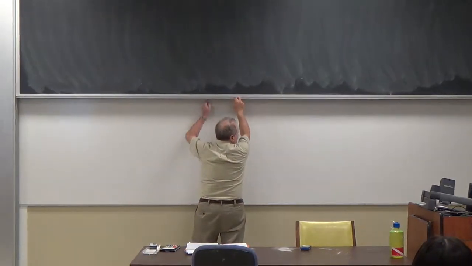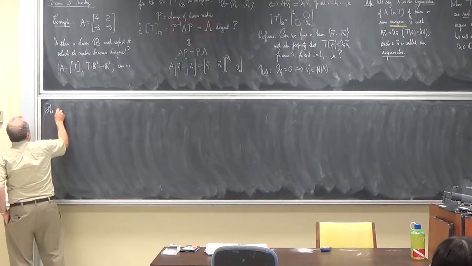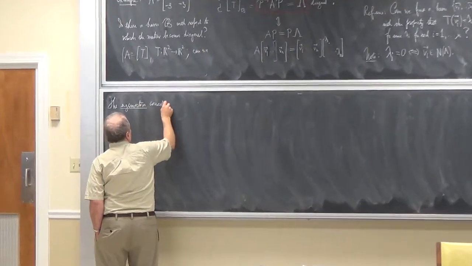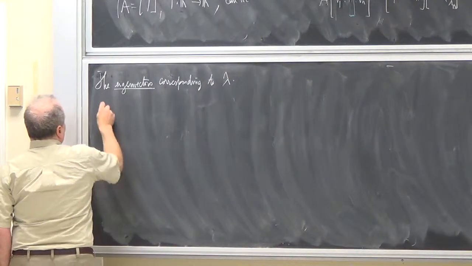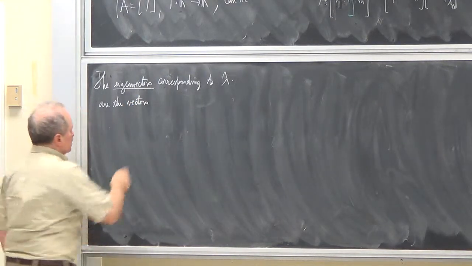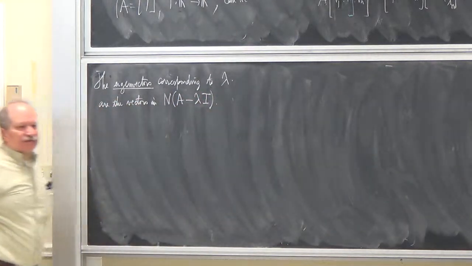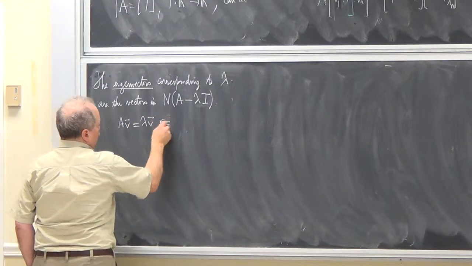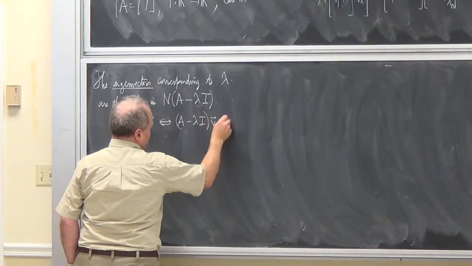So you actually just told me, so note that the eigenvectors corresponding to a given lambda are exactly what Patrick said, the elements in the null space of A minus lambda times the identity.